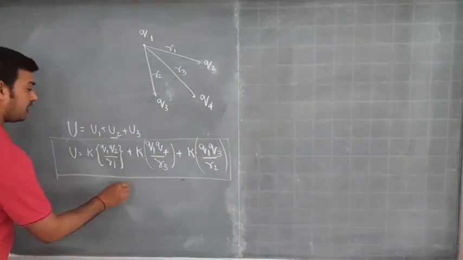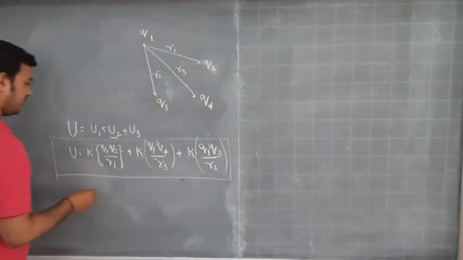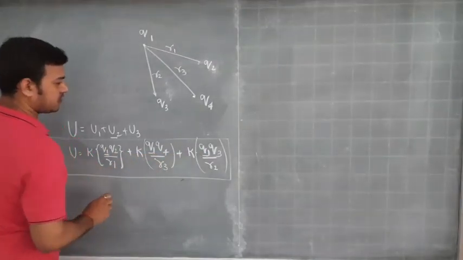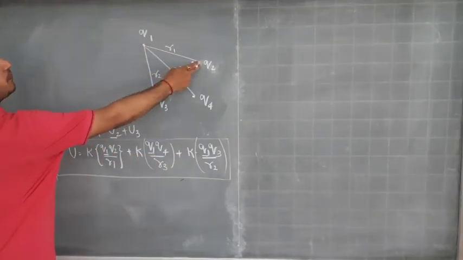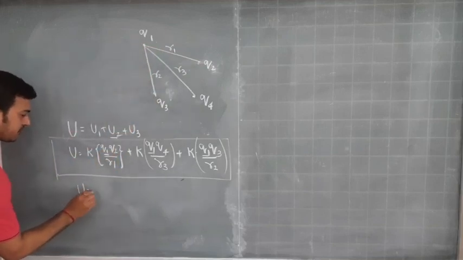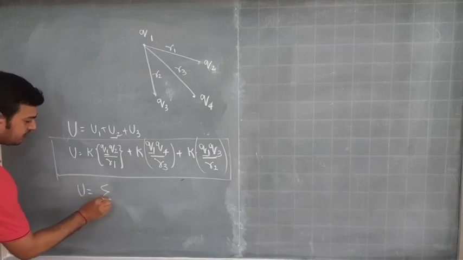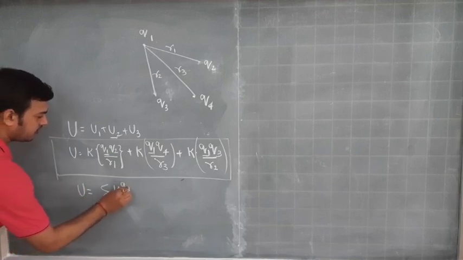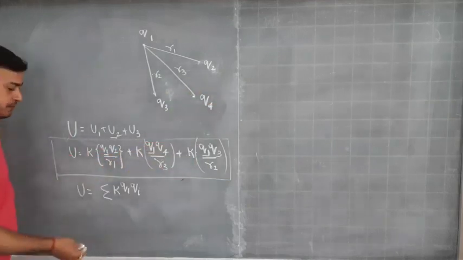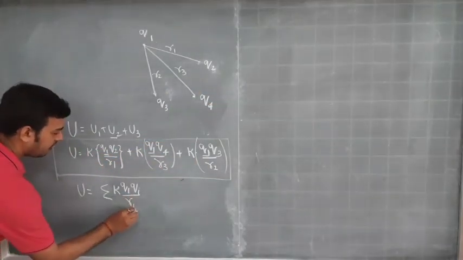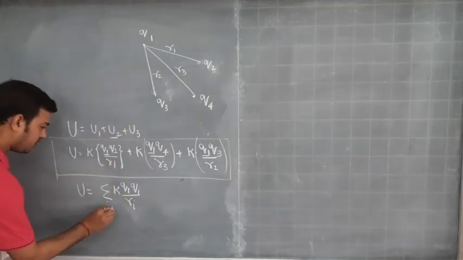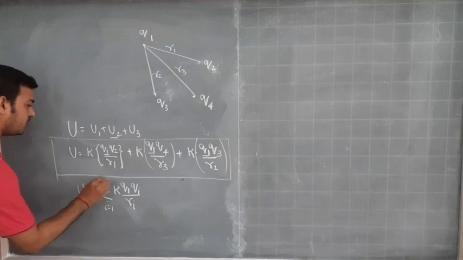Now what if I am having n number of charges like this? You can see that charge Q1 is common because I have taken the pairs with respect to this charge. So in general we can write it as sigma K Q1 Qi, because the second charge is going to vary, divided by Ri, the distance will also change, and i extends from 1 to n.